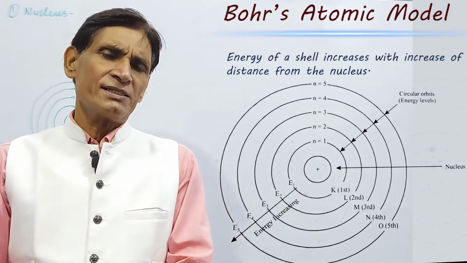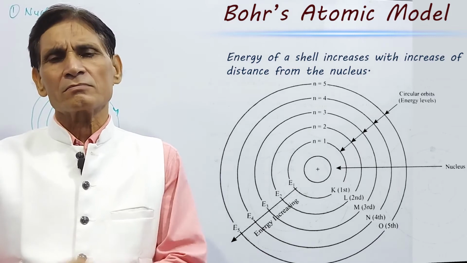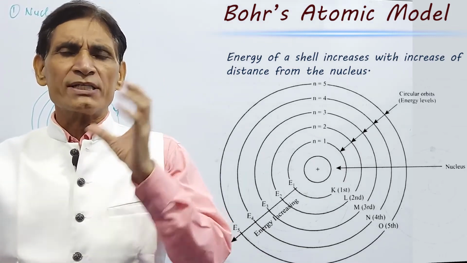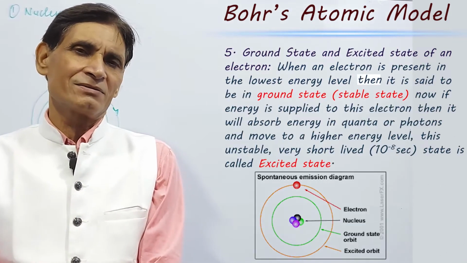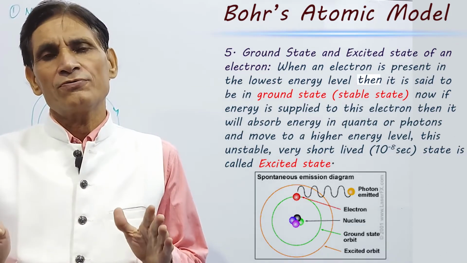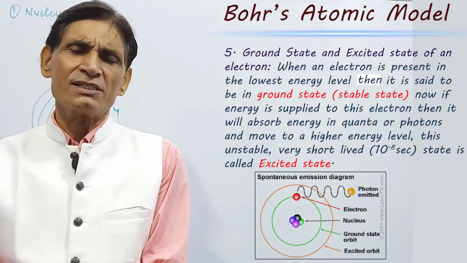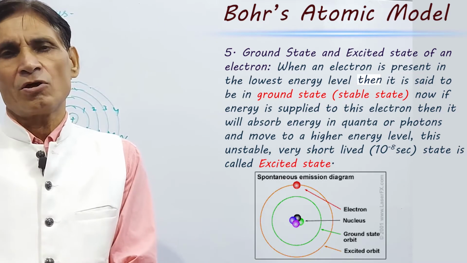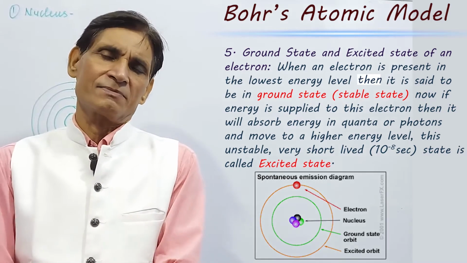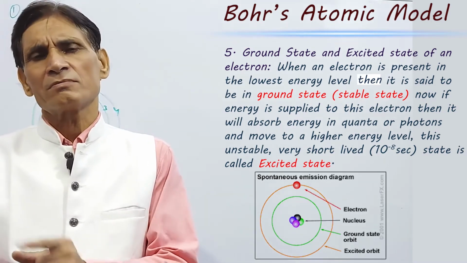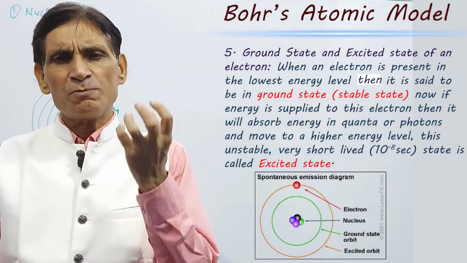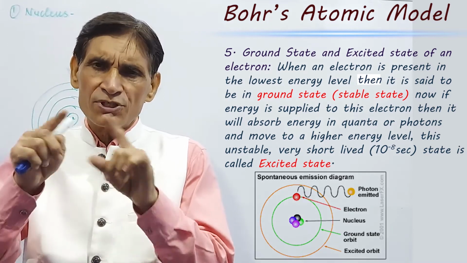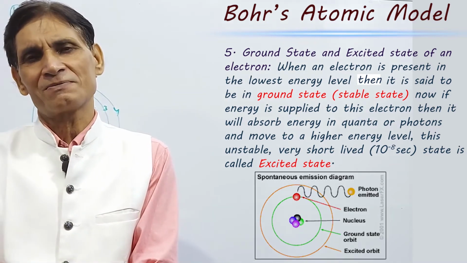Now next point is the concept of quantization of energy of moving electrons around the nucleus, or ground state and excited state of atom or electron in the atom. When an electron is present in the lowest energy level, like hydrogen, in the first energy level, electron is present.